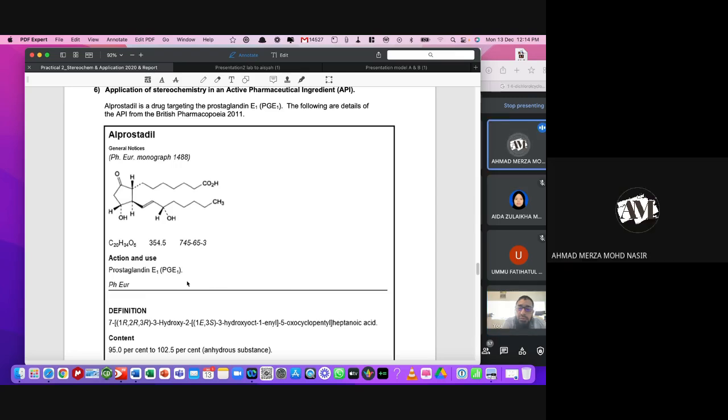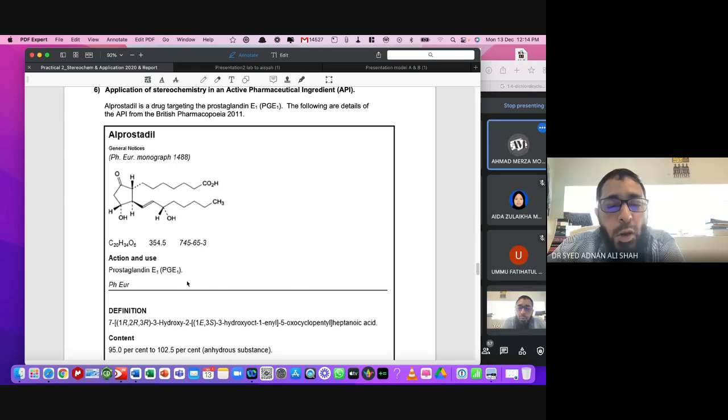Because I noticed that the definition states a maximum of 3: 1R, 2R, 3R like this, right? So this one is also a stereocenter, right? This one also is a stereocenter.